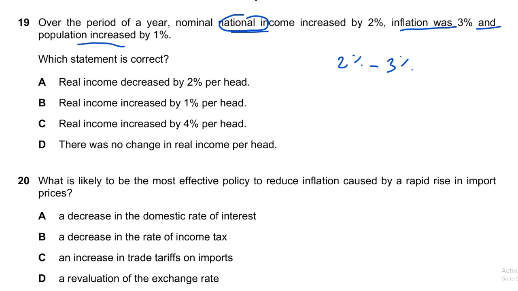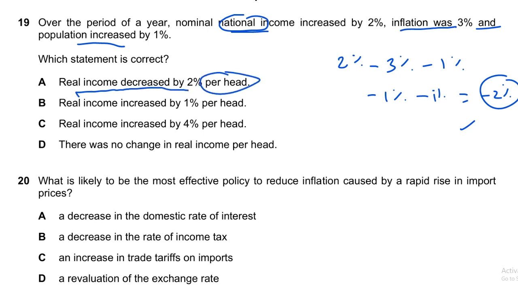And population increased by 1%, so we will deduct another 1% to find the final value. So 2% minus 3% is minus 1%, minus 1% is equal to minus 2%. So it means real GDP is decreasing 2% per head. So real income decreases 2% per head.